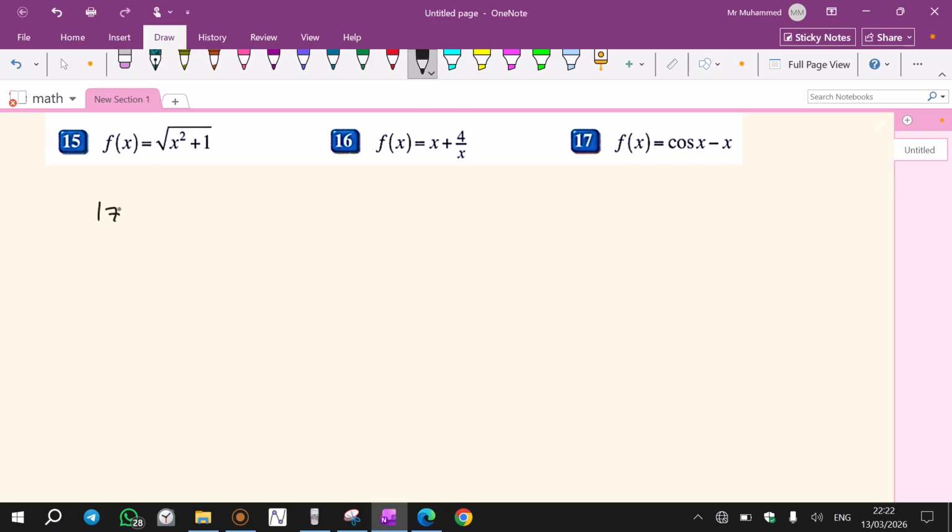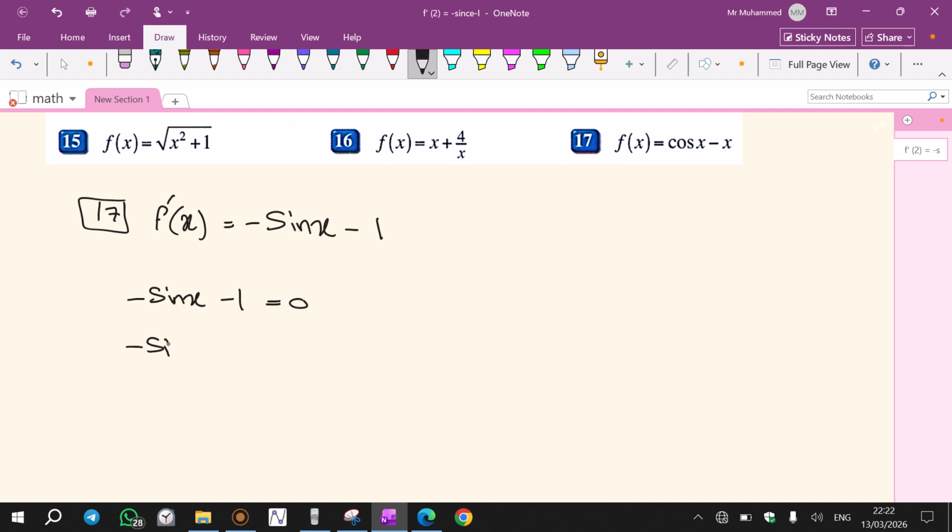f prime of x equals, the derivative of cosine is negative sine x, the derivative of x is 1. Now negative sine x minus 1 equals 0. Move the 1 to the other side: negative sine x equals positive 1.